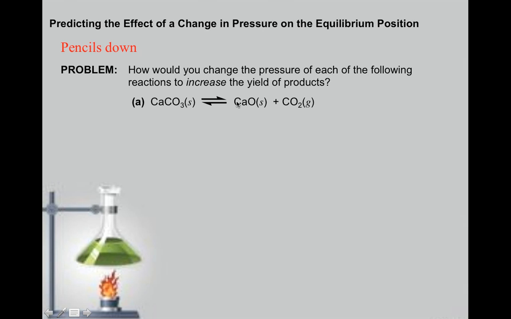This one's also a solid, so that wouldn't count. I have 1 mole of gas on the product side. So if we want to make more products, we would need it to shift to the side with the most moles of gas, because this side has the most moles of gas.